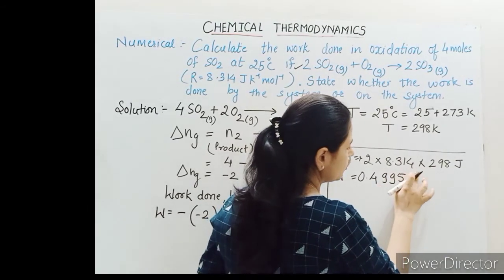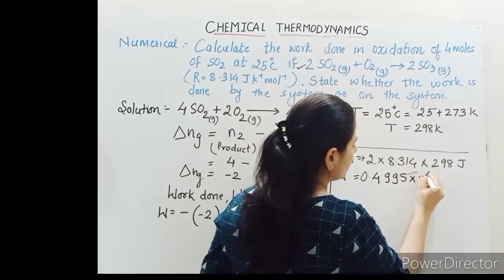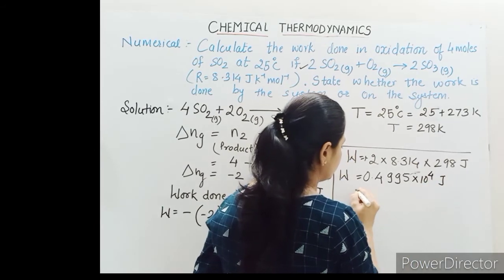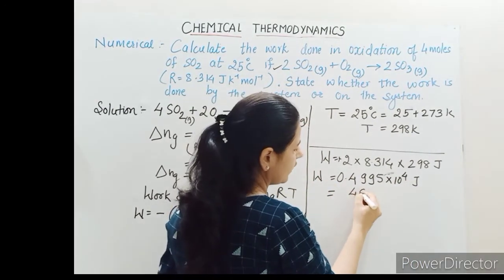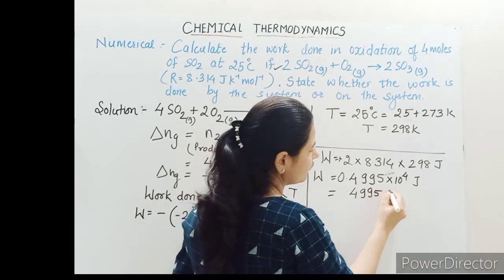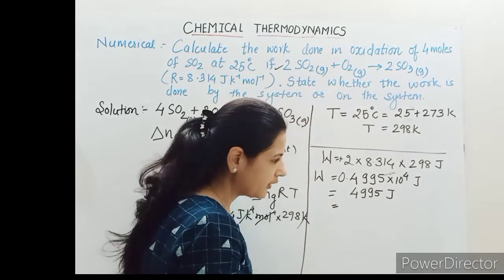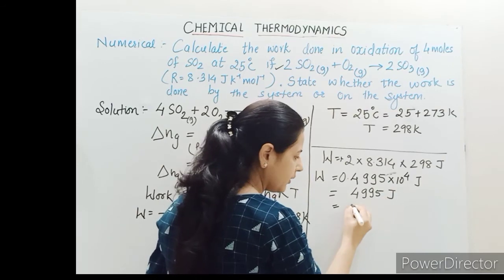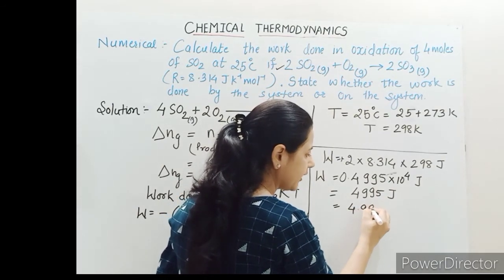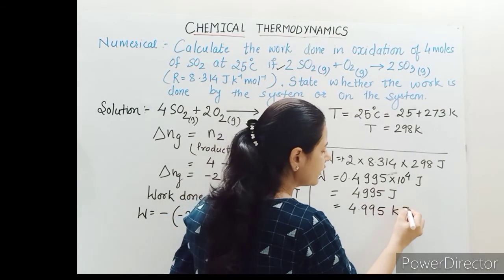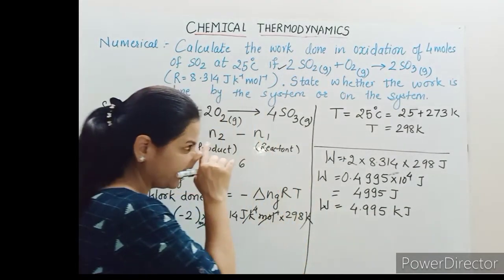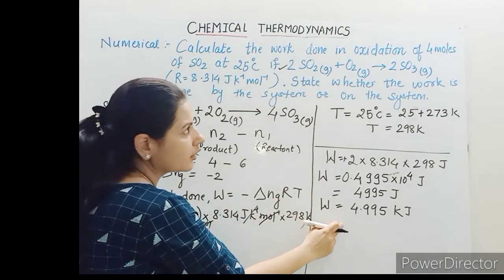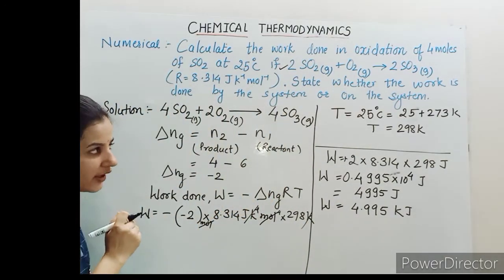So this can also be written as 4.955 × 10^3 joules, or if I want the answer in kilojoules, then I have to multiply this by 10 raised to the power minus 3 and it will become 4.955 kilojoules. So this is your work done. Okay, so we have calculated the work done for the oxidation of 4 moles of SO2.